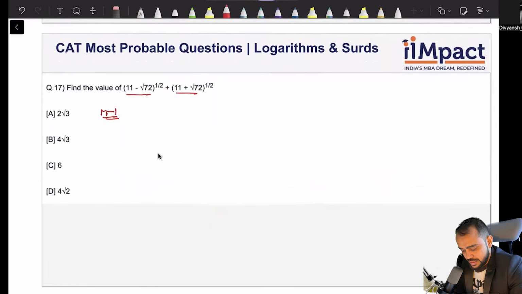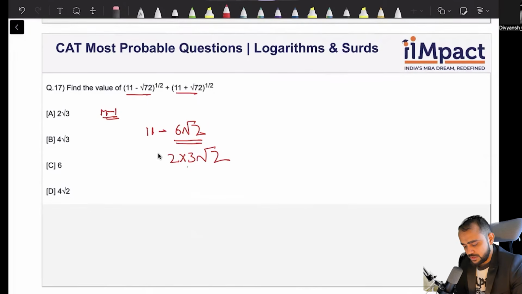So let me first convert this: 72 is 8 into 9, so that is 3 root 8, or 12, sorry, or 6 root 2. Now I can write 6 root 2 as 2 into 3 root 2. 3 square is 9, root 2 square is 2. 9 plus 2 is equal to 11, which means I can write 11 as 3 square plus root 2 whole square minus 2 into 3 into root 2.